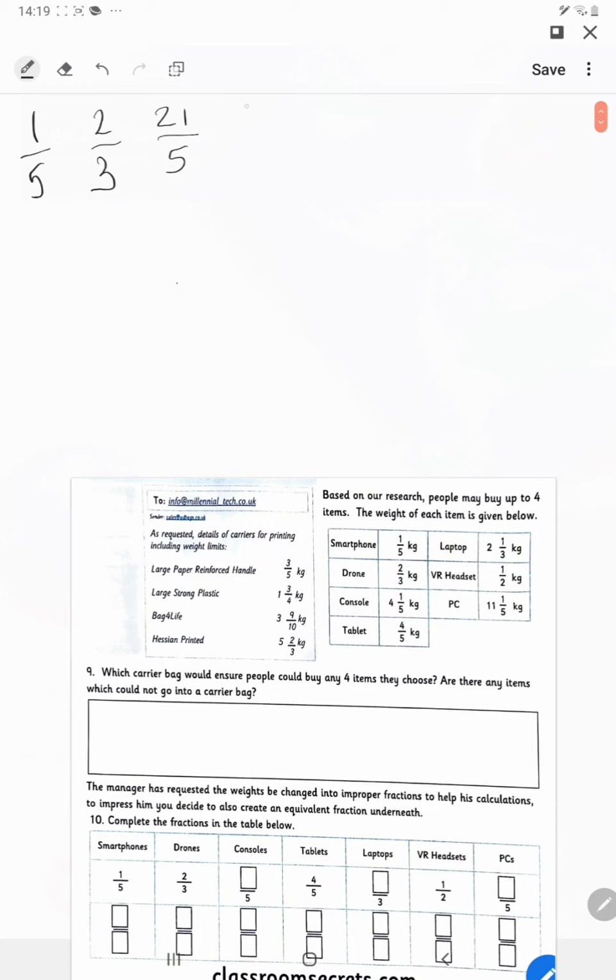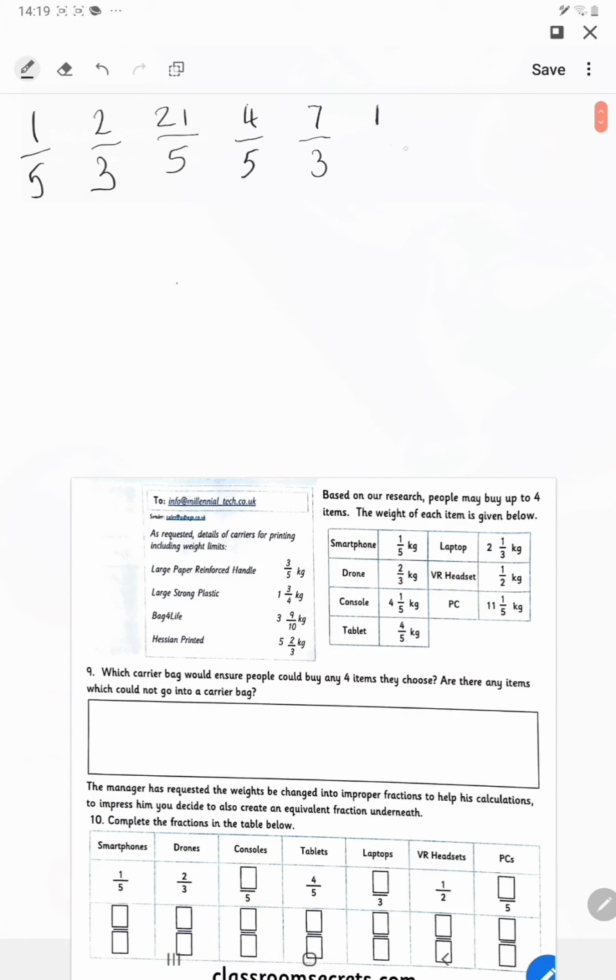We've got tablets of 4/5 and laptops. We have 2 whole and 1/3, and using the same method, we know we've got 2 lots of 3/3, giving you 6/3, plus 1/3, which will give you 7/3.